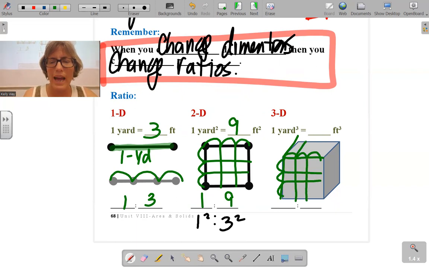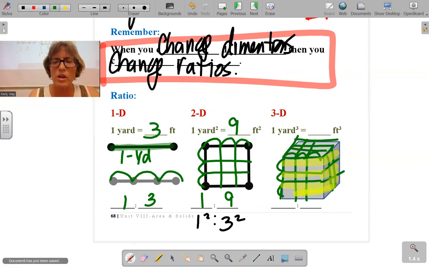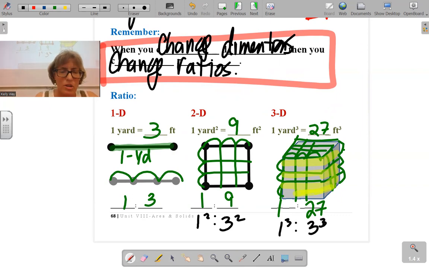You ask yourself, how many cubes are there? Think layers. That bottom layer is 3 by 3, 9 cubes. So that's 3 layers of 9 cubes. So my volume's 27 feet cubed. 1 to 27, which is 1 to the third power, 3 to the third power.